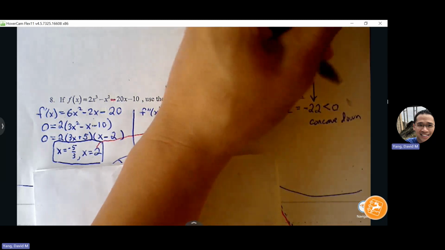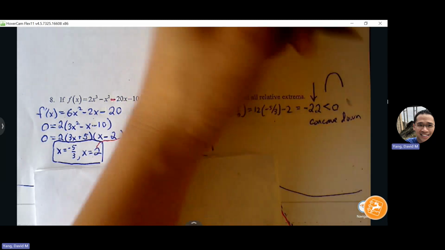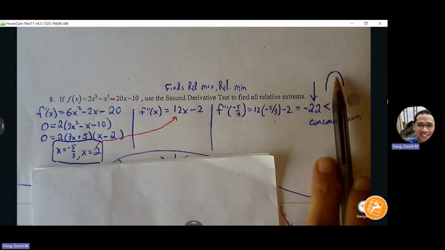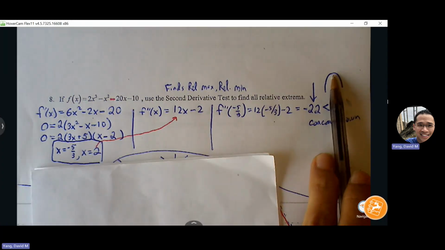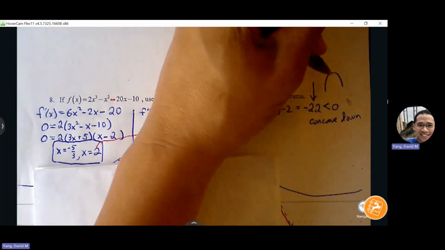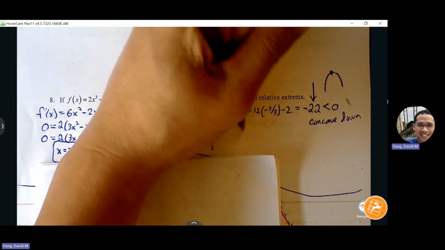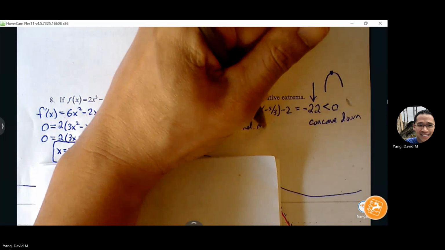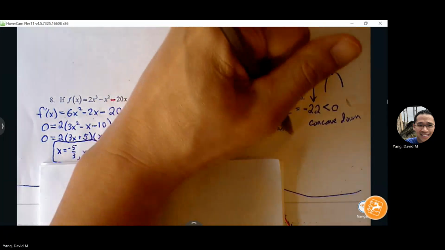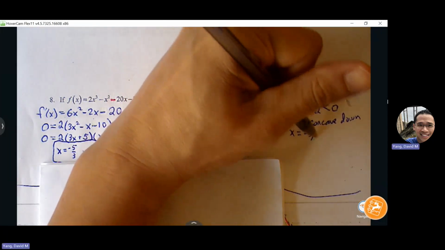And if the graph is concave down, the graph looks like this, then a slope of 0 on a concave down graph must be a relative what? Max. So we say relative max at x equals negative 5/3.